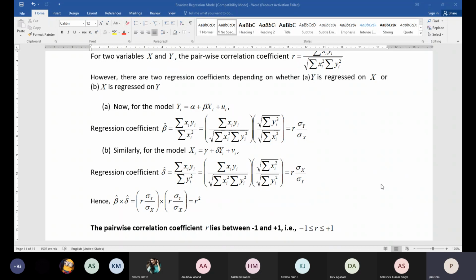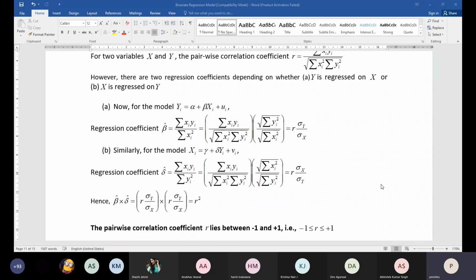You will see that in a multiple regression model, say for example, there are two independent variables, x and z, and there is one slope coefficient, say beta, another slope coefficient delta, or say beta 1, beta 2.